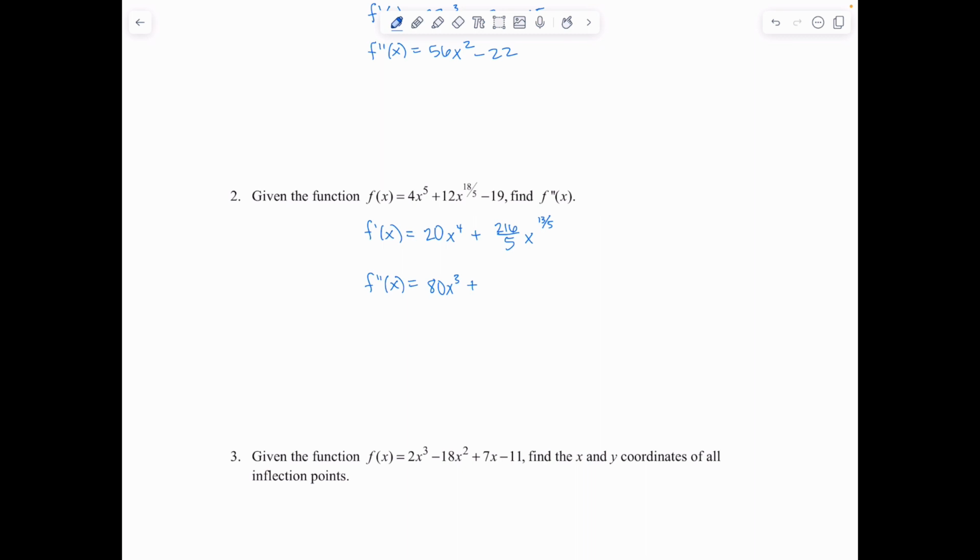And the derivative of 216/5 x to the 13/5: we use our power rule, 216/5 times 13/5, which gives us 2,808/25 x, then we subtract 1, so 13/5 minus 5/5 gives us x to the 8/5. So don't be frightened if we see a rational exponent. As long as it's just x to a power, we can still use the power rule.